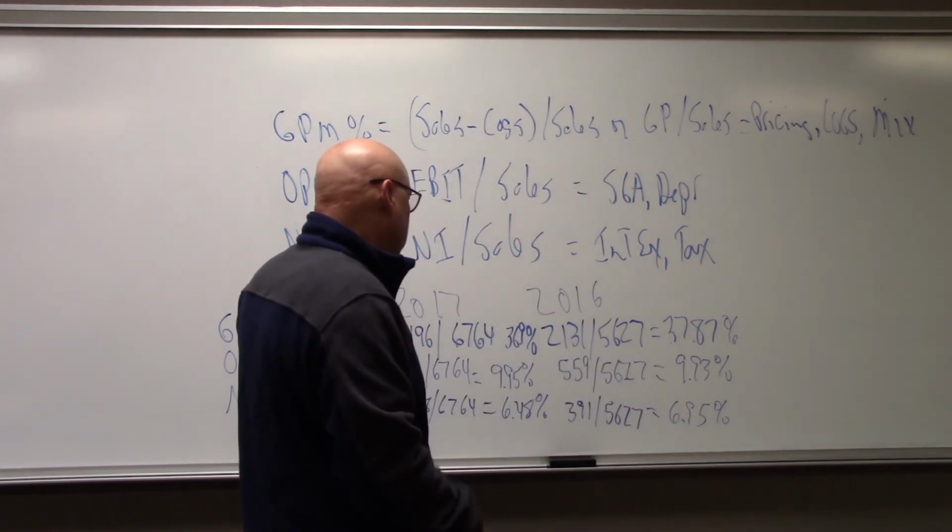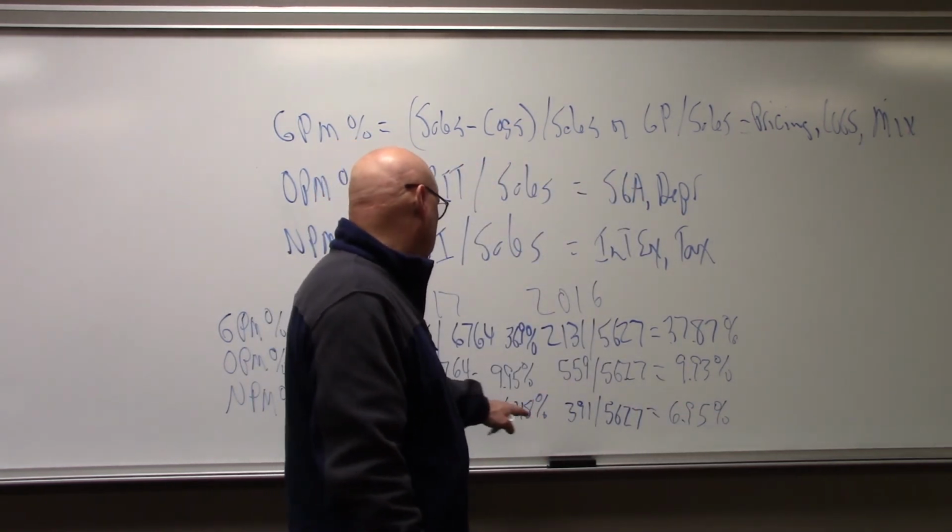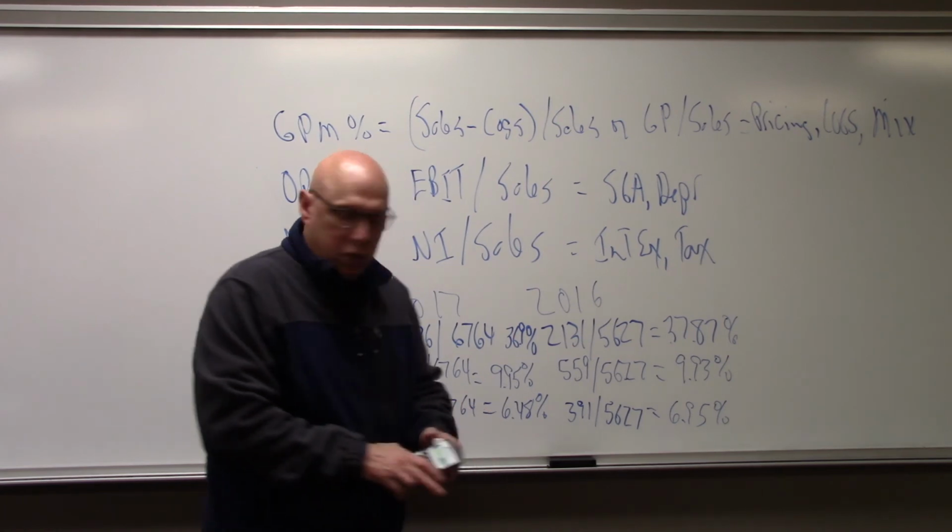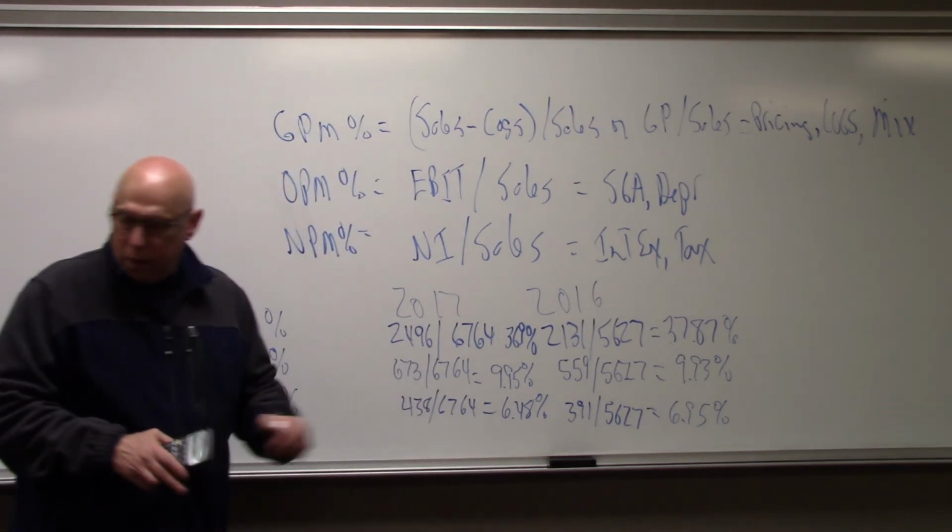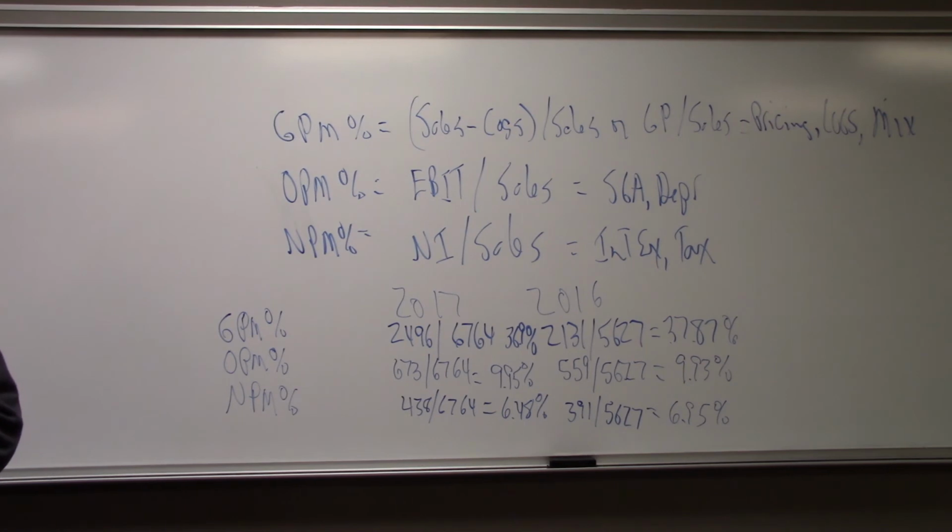Okay, so the companies, it's interesting. Let's double check the operating profit margin percentage again. 672.6 divided by 67.64, 9.95. Okay, and 559 divided by 56, 26.6, 9.94.